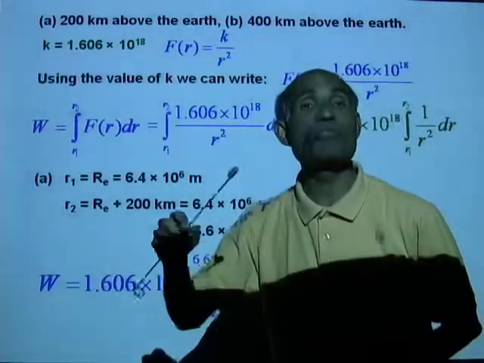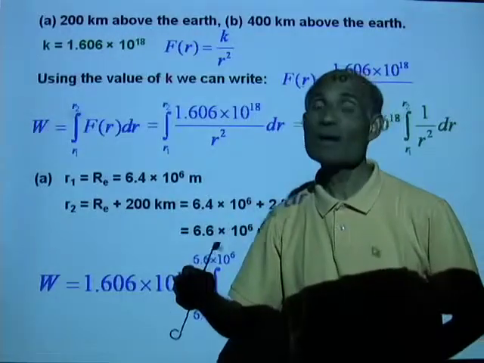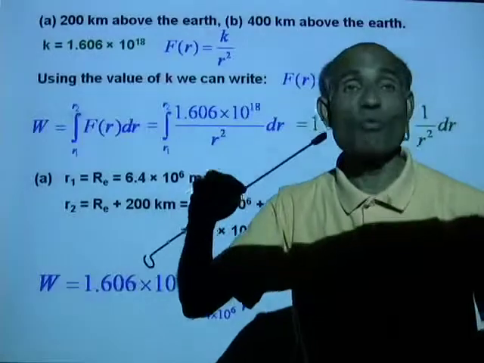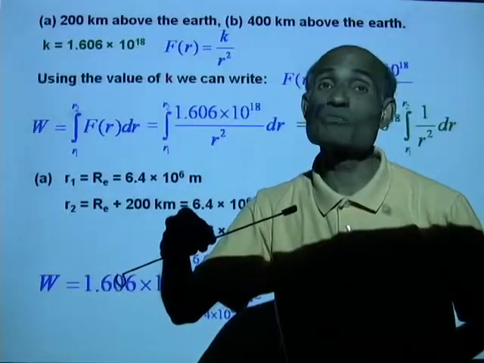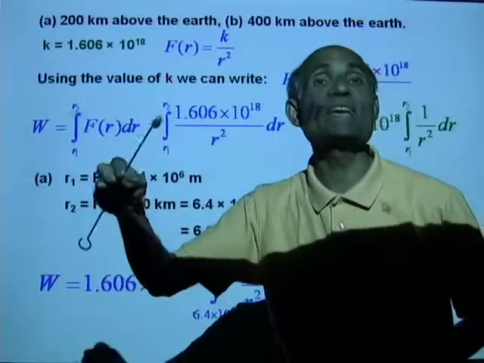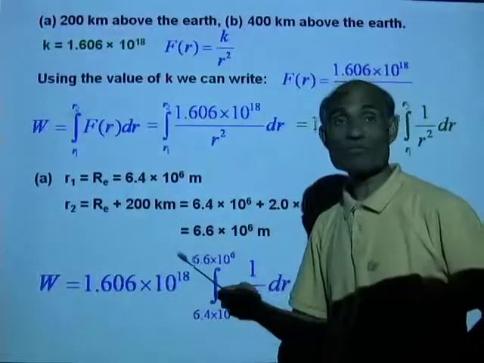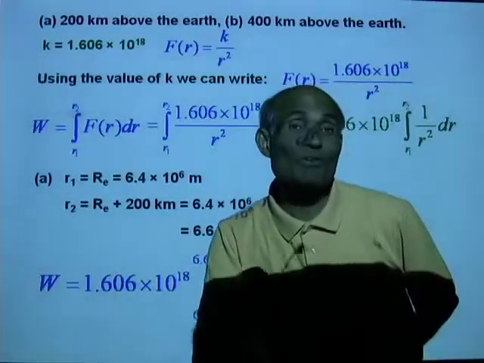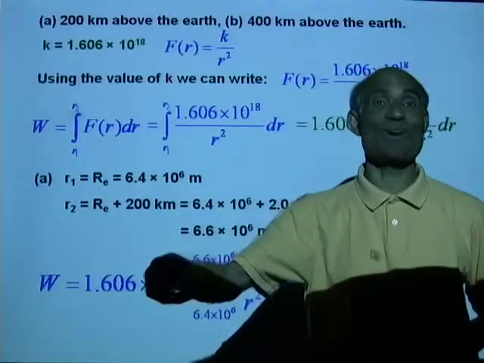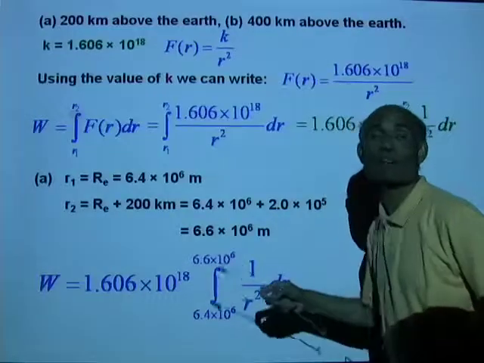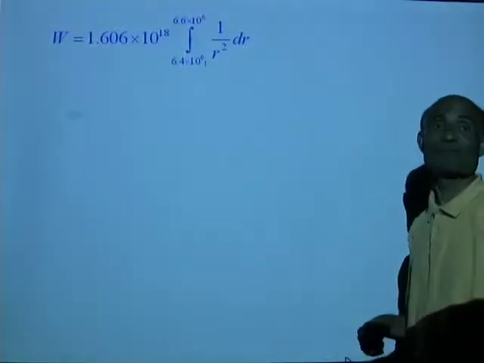It is negative 1 over r. Why? Because the derivative of 1 over r with respect to r is negative 1 over r squared. And therefore, the integral of negative 1 over r squared is 1 over r. The integral of 1 over r squared dr is negative 1 over r.